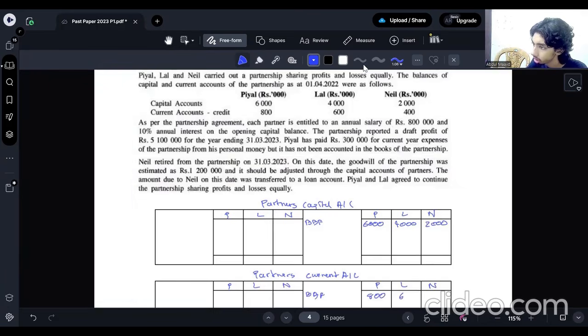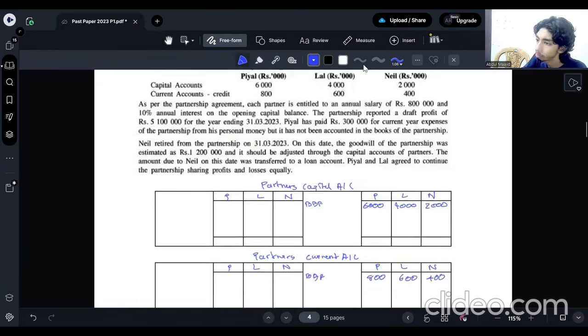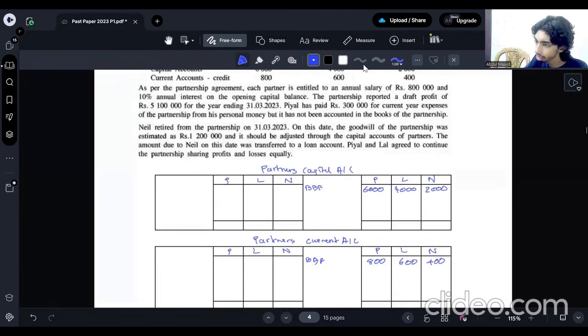800, 600, 400. As per the partnership agreement, each partner is entitled to an annual salary of 800,000 and 10% annual interest on opening capital balance. So we can record that in the current account.